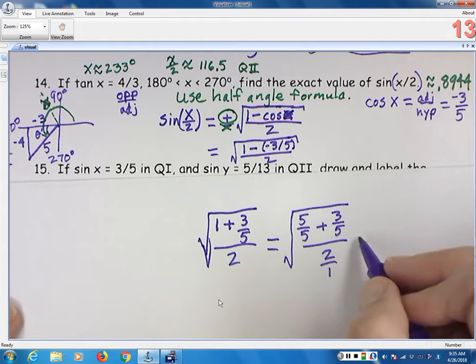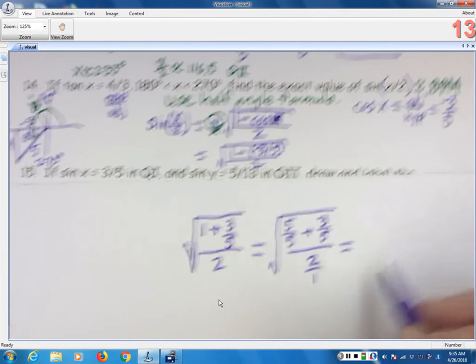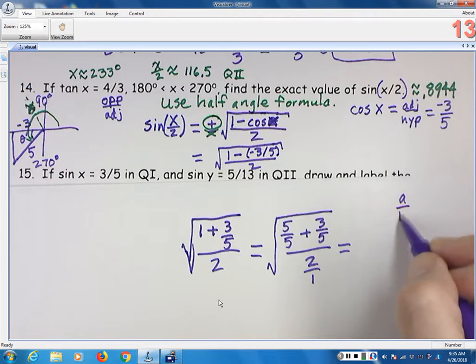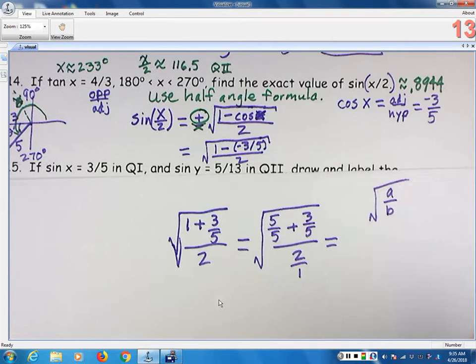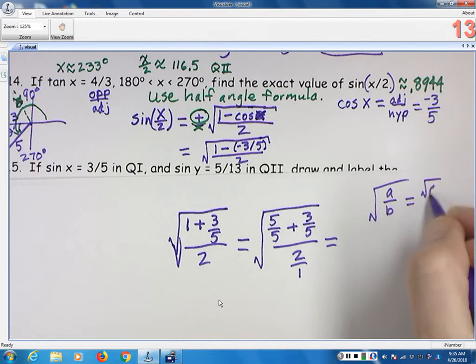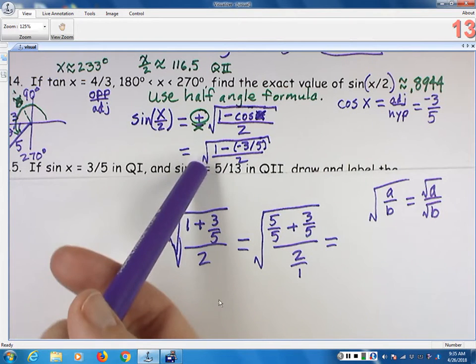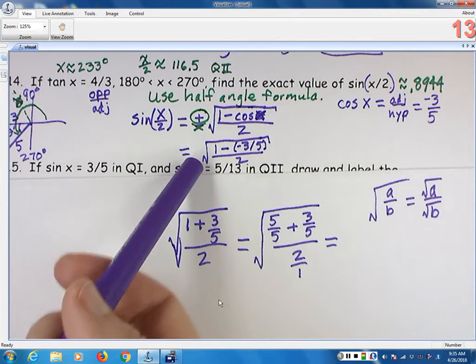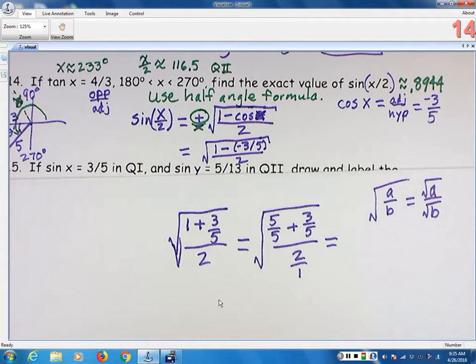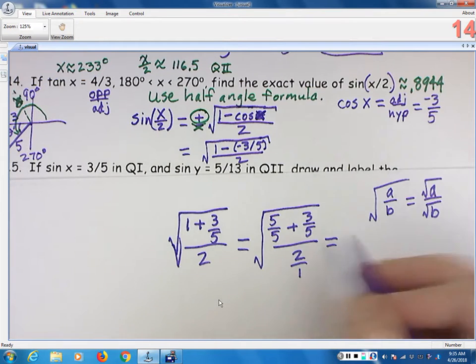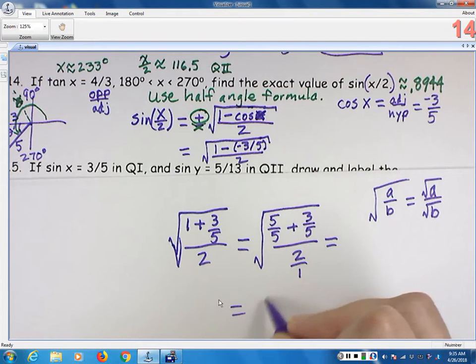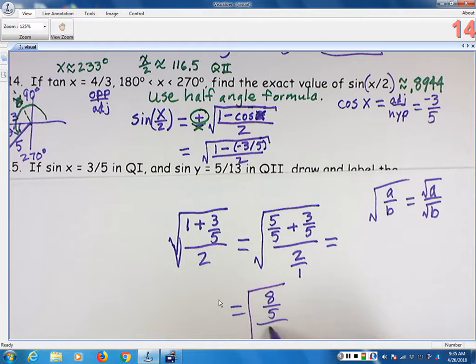And then we can separate, if you have the square root of A/B, it's the square root of A over the square root of B. This is the concept, and that's most of the answer. Then simplifying it, you get 8/5 divided by 2 over 1, all under the square root.